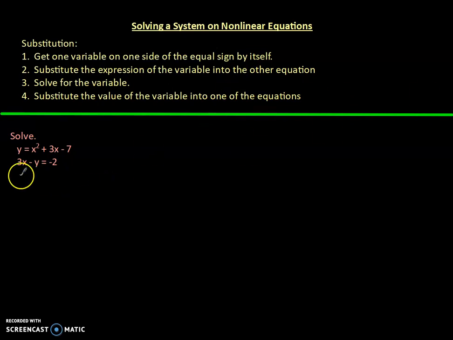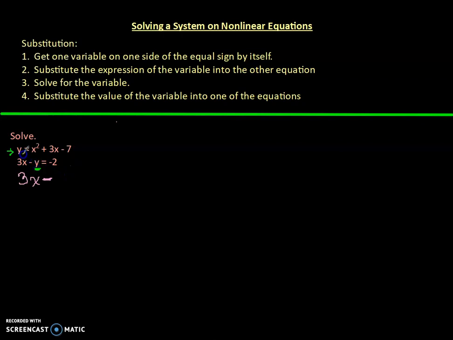So meaning I'm going to take this second equation, the one that doesn't have what y equals, and I'm going to rewrite it and substitute y with what it equals from the first equation. So remember to always substitute expressions, anything with plus or minus, in parentheses.